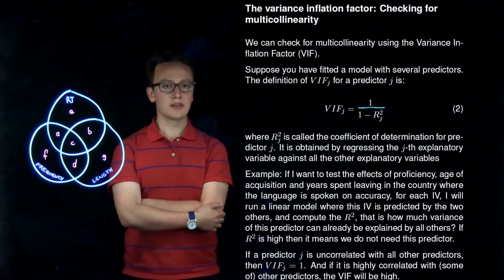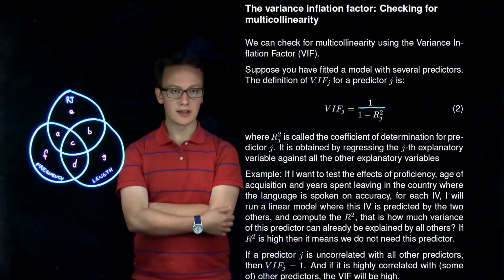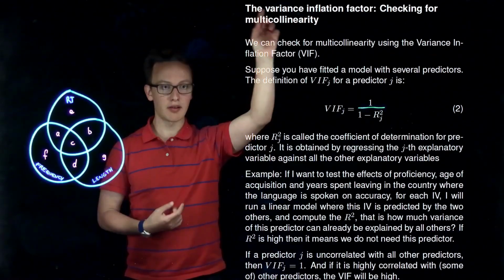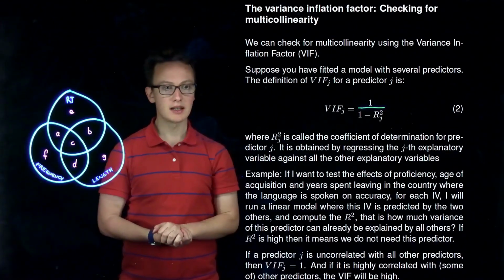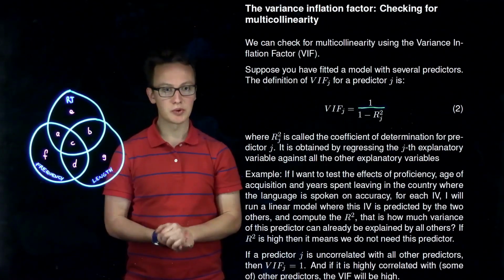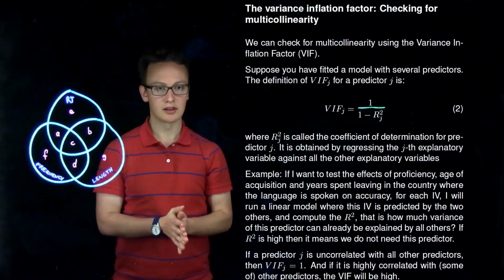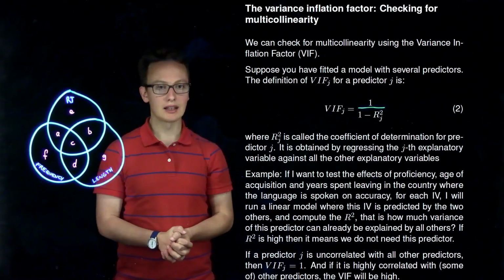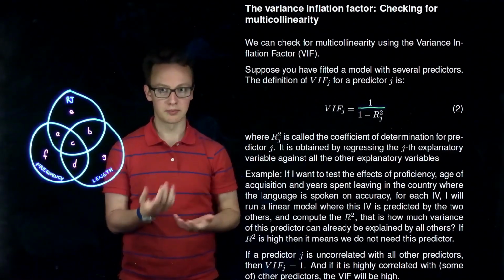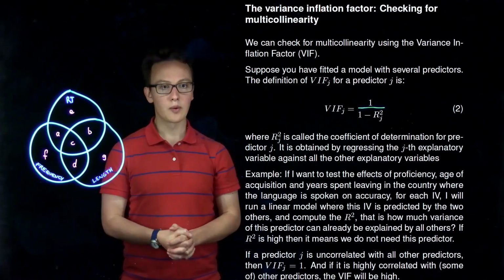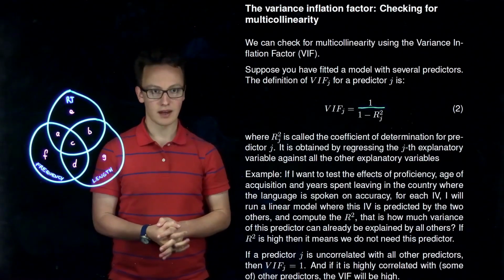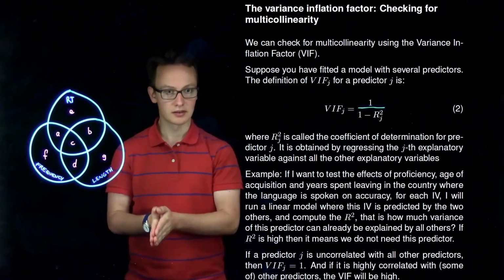There is a way to check for multicollinearity, and it is called the variance inflation factor. The variance inflation factor is basically a metric that we can compute once we have fitted a multiple linear regression model, and it tells us how big the multicollinearity is. We can compute this variance inflation factor for a particular predictor in that model.